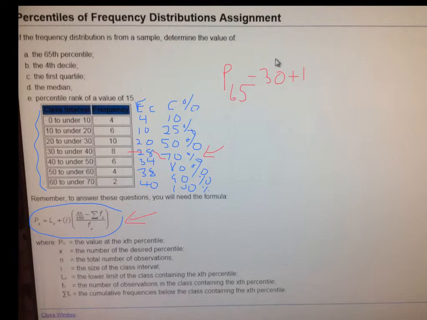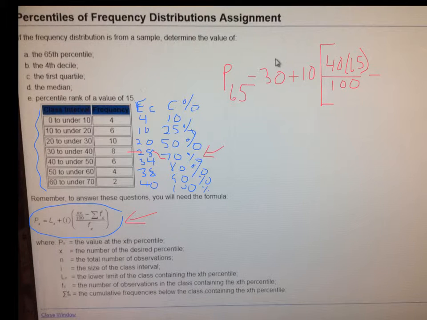Each interval is 10 numbers, so that's what the I stands for. The n times x is 40, our n, that's how many data values we have in total. And x is our percentile value, which is 65. That's over 100.